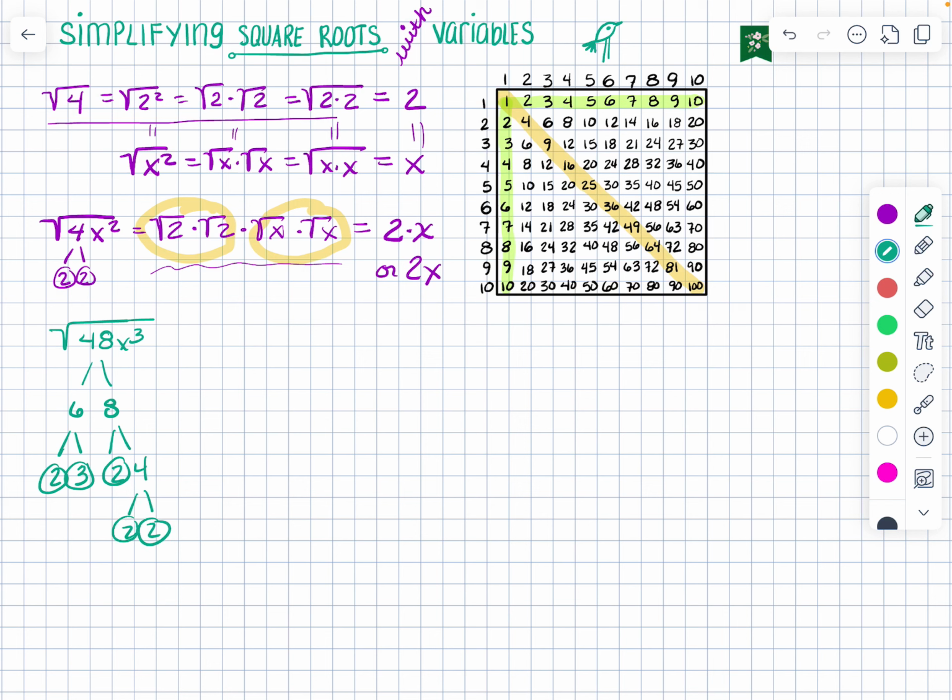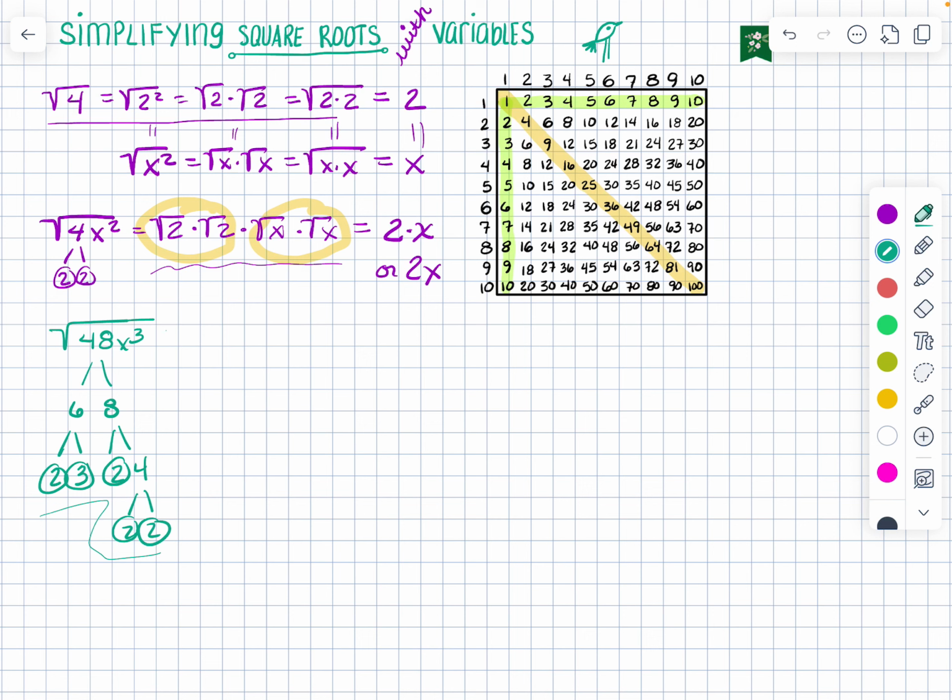Now again, this is just one way to factor these. I could have done 2 times 24 by just dividing 48 by 2, and then I can keep dividing by 2 until I'm out of even numbers, or 4 times 12. It doesn't matter, as long as you're always going to end up with the same roots no matter which one you do.